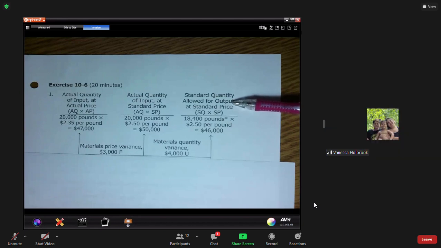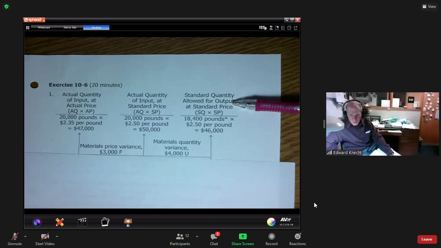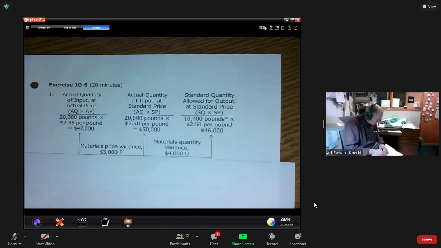They're supposed to use what again? How many pounds of materials for each unit? 4.6. So you have to multiply 4.6 times the 4,000. You use the standard cost card to determine how many pounds they should have used in those 4,000 units. So does that give us how much altogether in pounds?